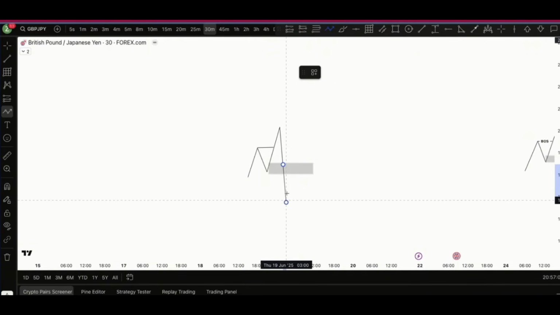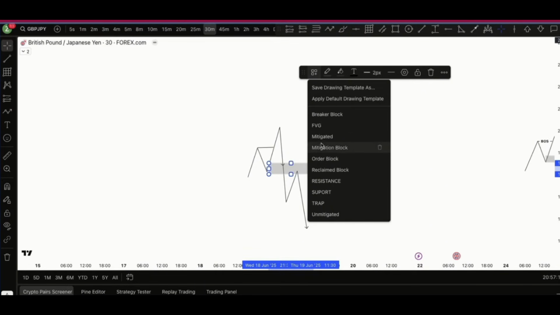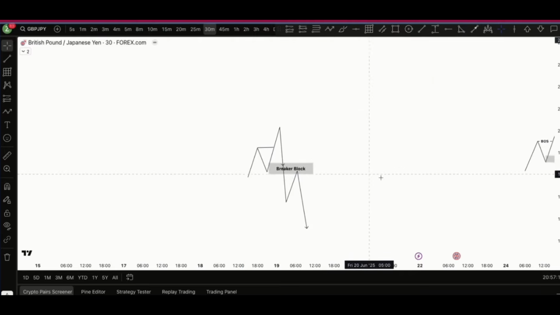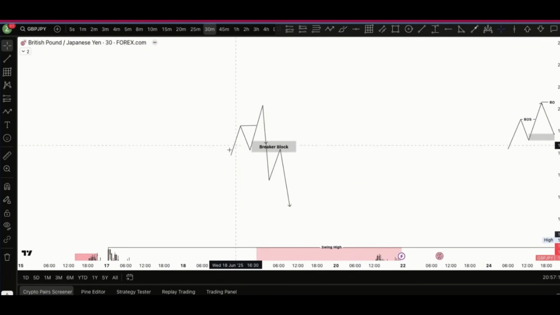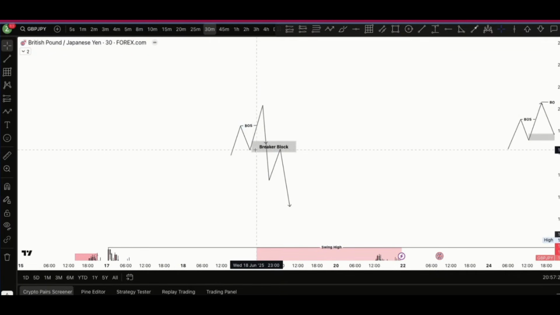So now, when it is going back, we expect price to respect this breaker block and continue. So this failed order block is now termed as what? Breaker block. This is a bullish trend. Break of structure, and now we expect price to come and mitigate this order block.